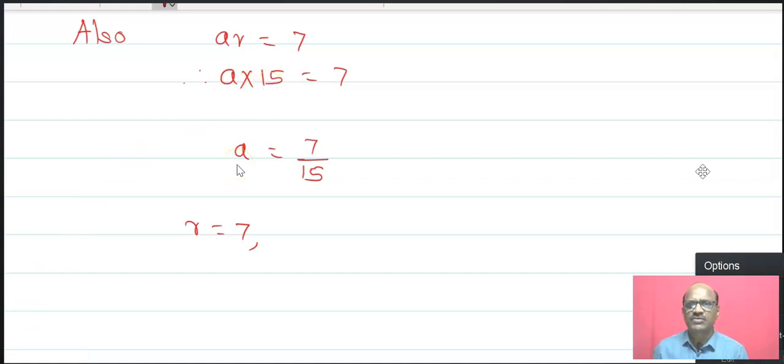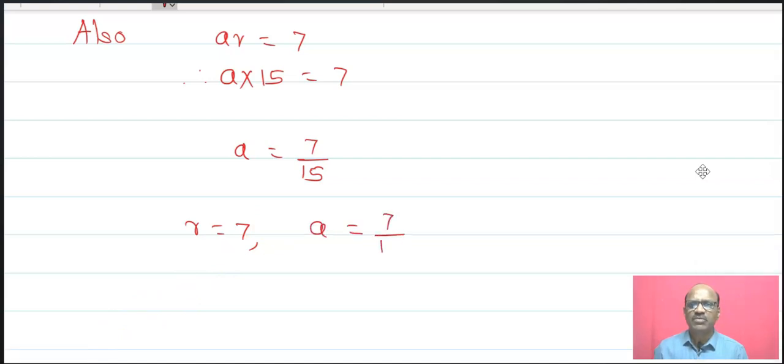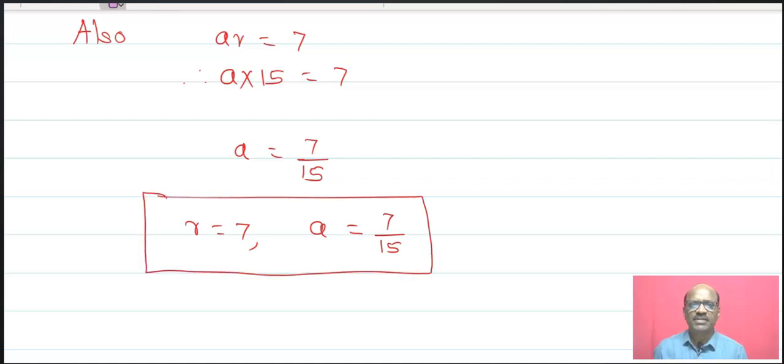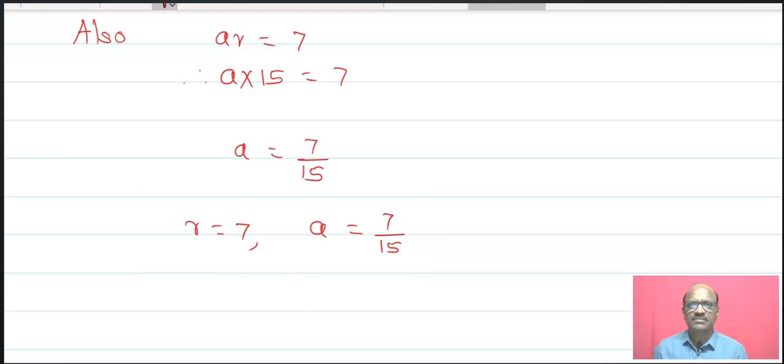Therefore A is equal to 7 upon 15, and hence the value of A is 7 upon 15. This is the answer.